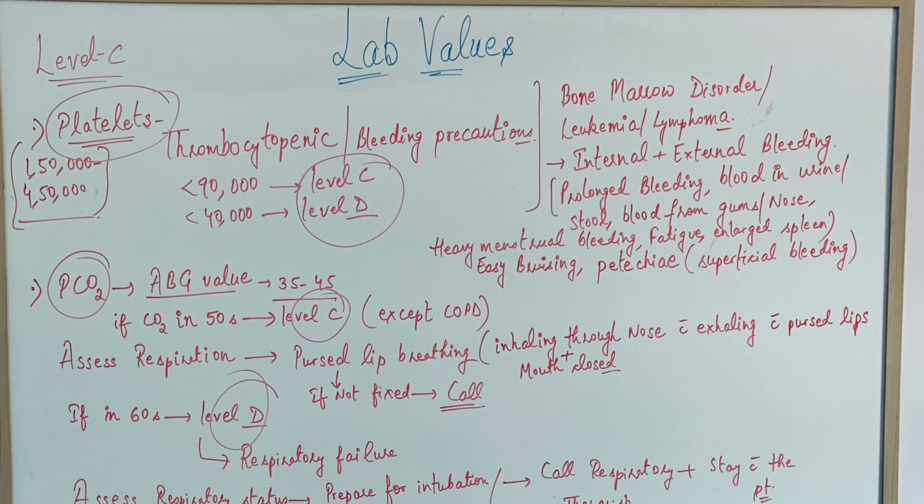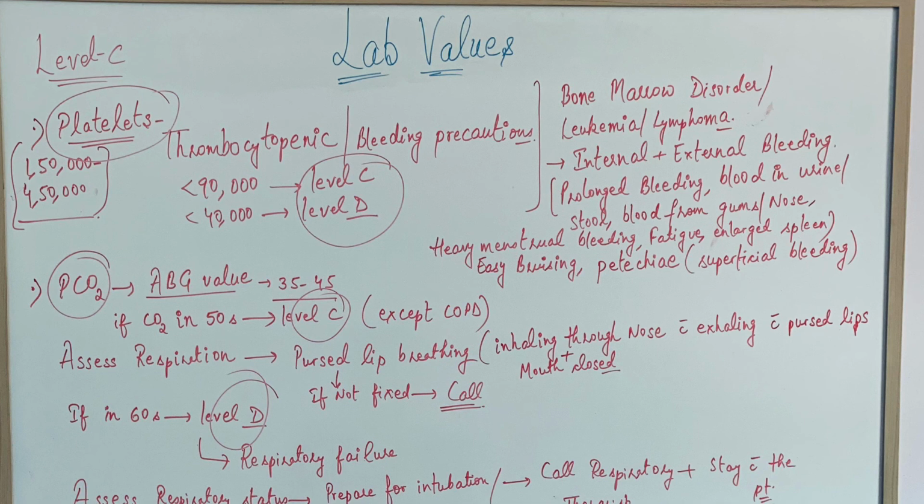Petechiae generally develop through superficial bleeding. These are small spots generally over the lower legs, and they look purple in color. So these are the main bleeding precautions the nurse should look for with platelets.